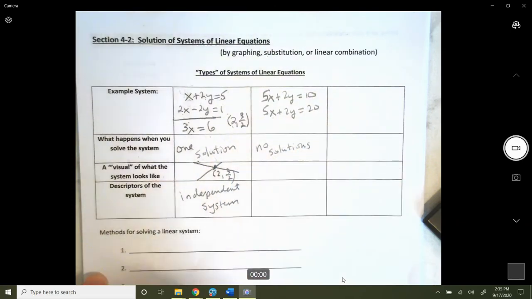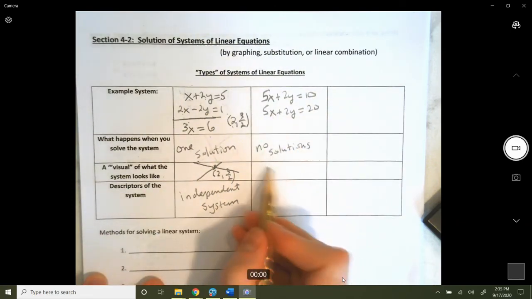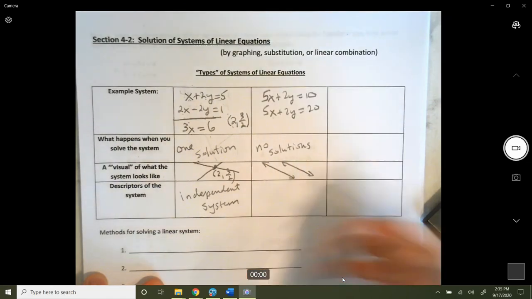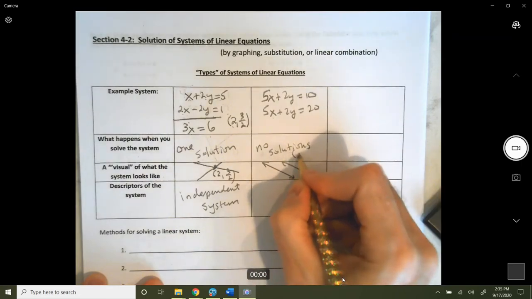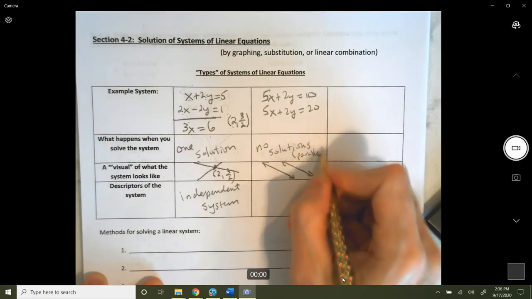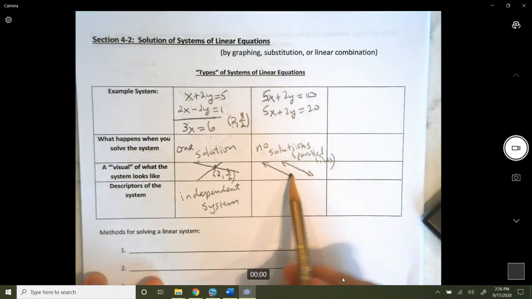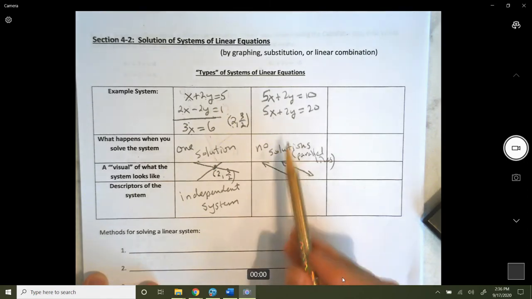A visual of what that system looks like when you graph those two lines, you're going to get two parallel lines. Okay, no solution because they are parallel lines. And parallel lines never intersect. So there's no point of intersection, thus no solution.